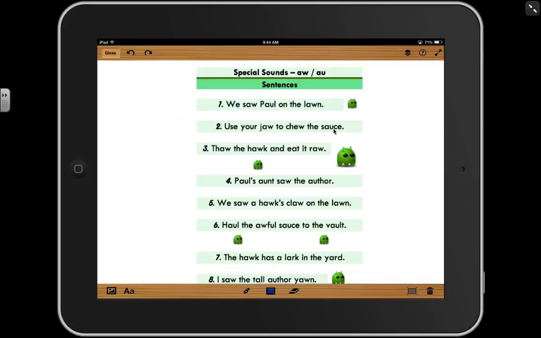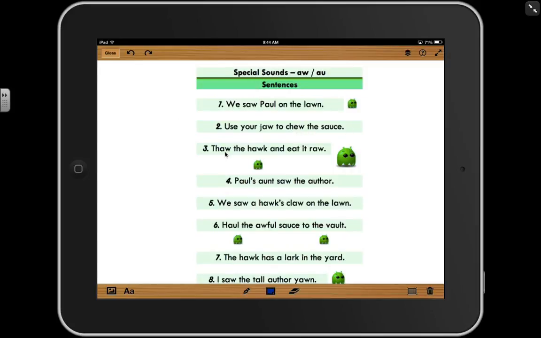AU says aw. So let's see. Sauce. All right, let's read our whole sentence together. Ready? Use your jaw to chew the sauce. Good job. Let's do it one more time. Use your jaw to chew the sauce.